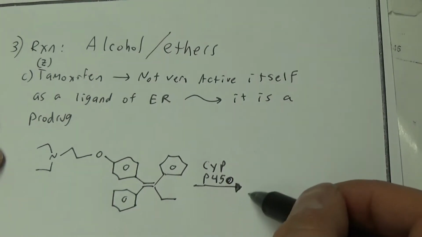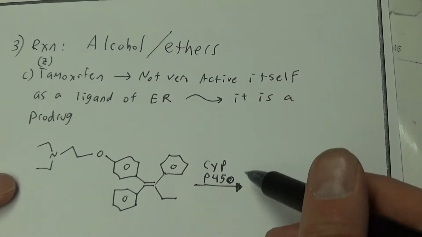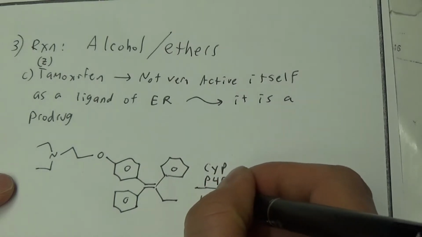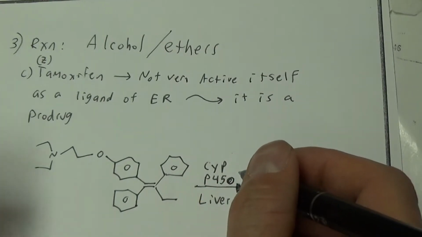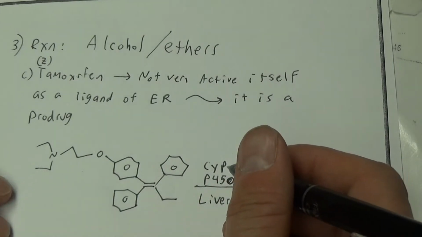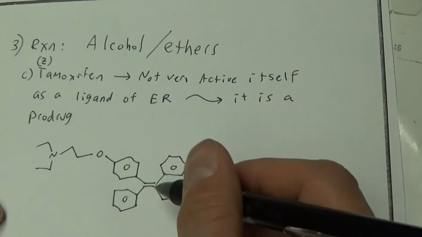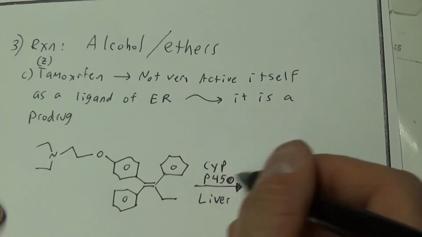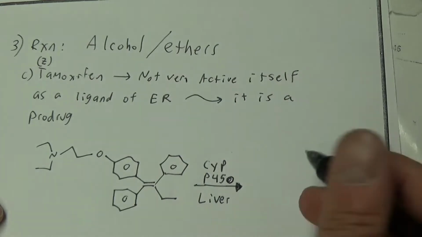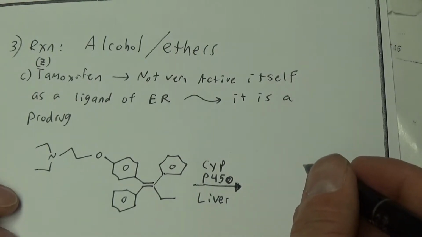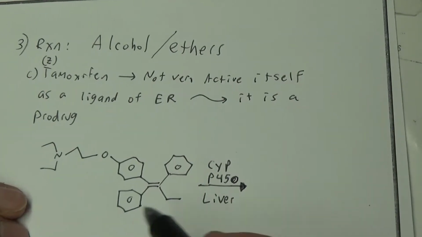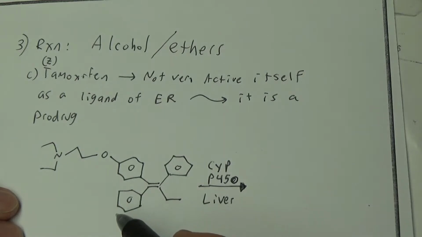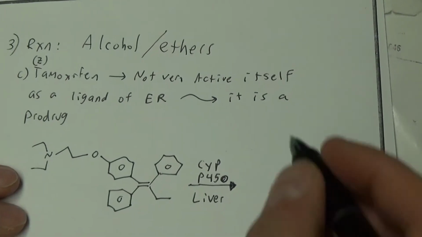We'll talk extensively about Cytochrome P450 later in the course. They're usually located in the liver, and if you consume this drug orally, it passes through the liver, and then the oxidation occurs. The oxidation will be of this bottom left phenyl. It'll make a 4-hydroxy derivative of it.